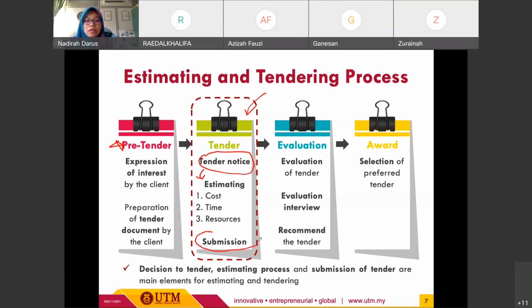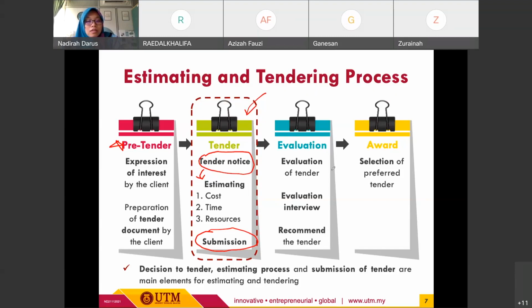This is before the submission of the tender document. All of these steps and processes are interrelated, and we need to understand each of these elements so that we know the flow and the process.